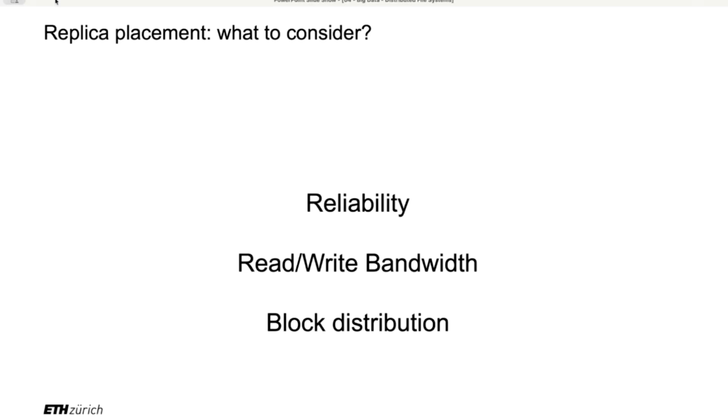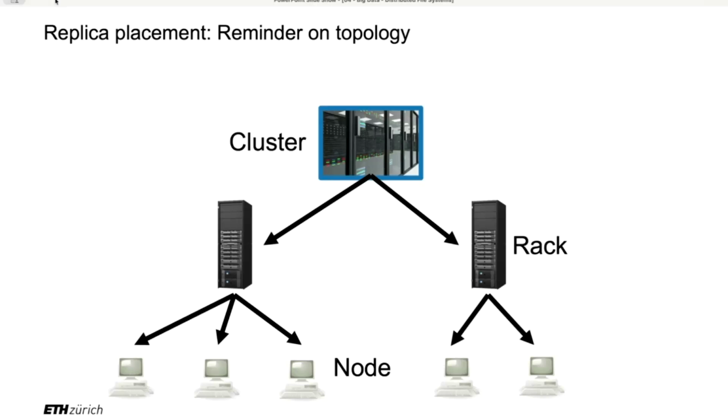And for reliability, if we place them on the same rack, for example, and the rack crashes, then we have a problem. The read-write bandwidth is also important, that you have to make sure the network is not overloaded and well distributed over the cluster. When you access it via MapReduce, you want things to be well balanced.